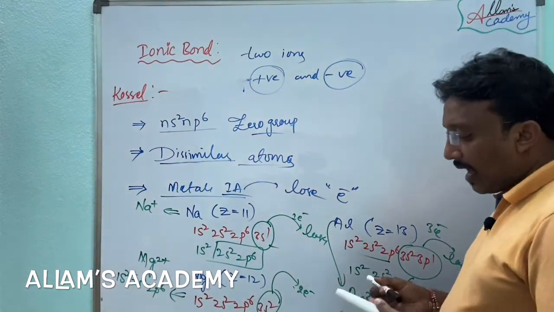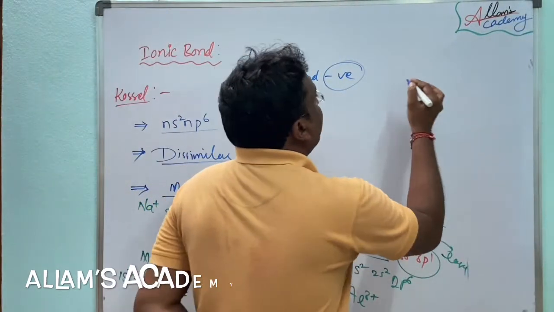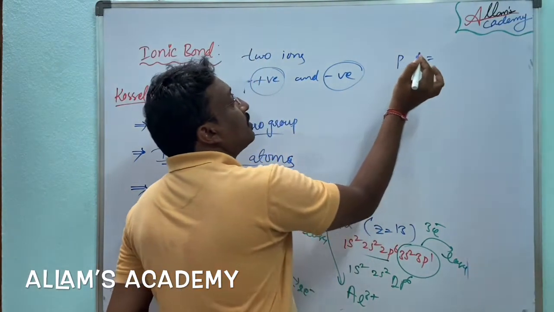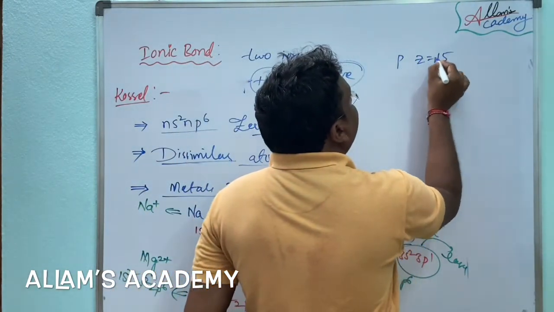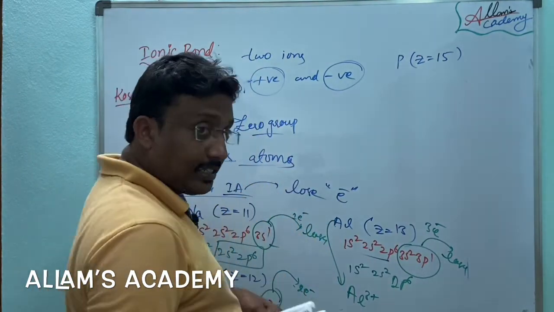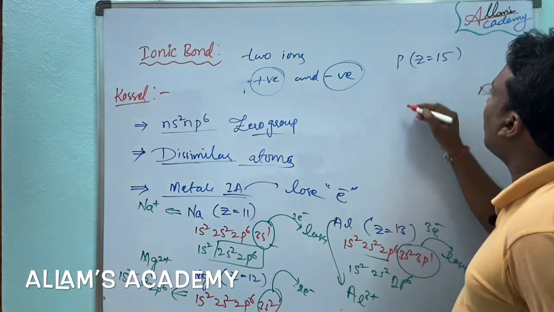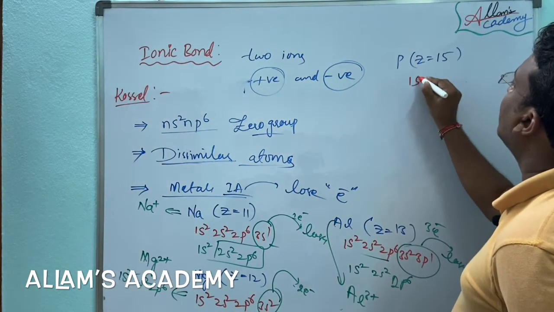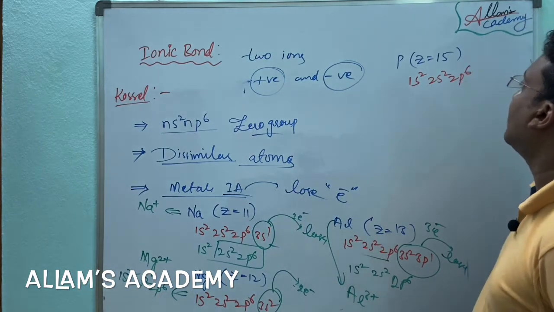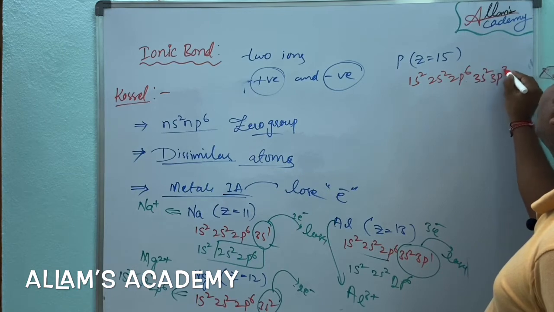These all are highly active metals. Now the non-metals, like phosphorus. Its atomic number is 15. Its electronic configuration is written as 1s2, 2s2, 2p6, 3s2, 3p3.